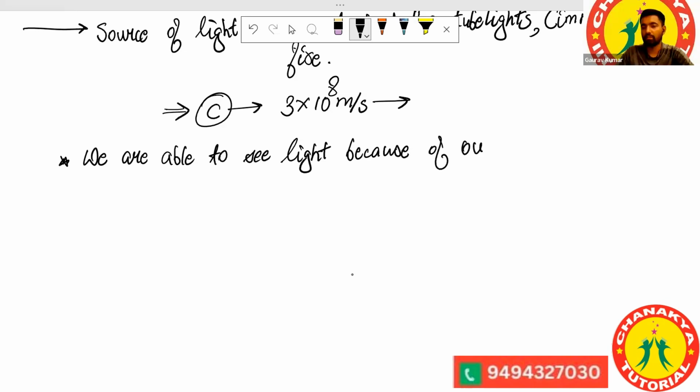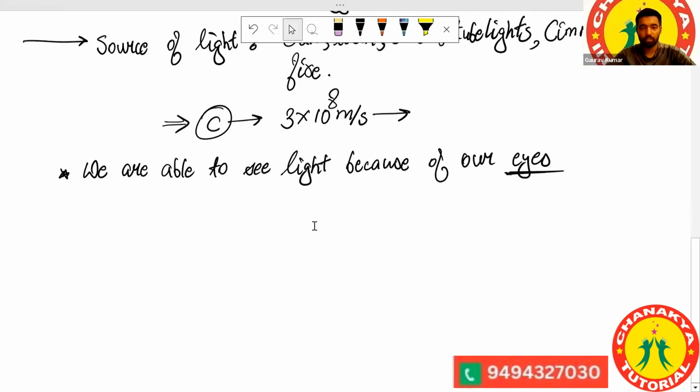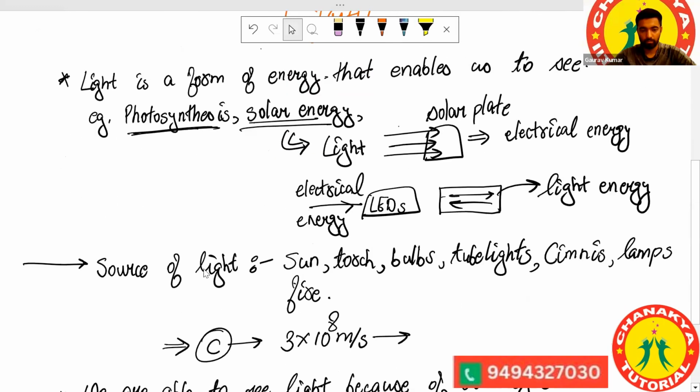Our eyes. Yes, we will come to reflection. Sir, can you just show the source of light once? This one.